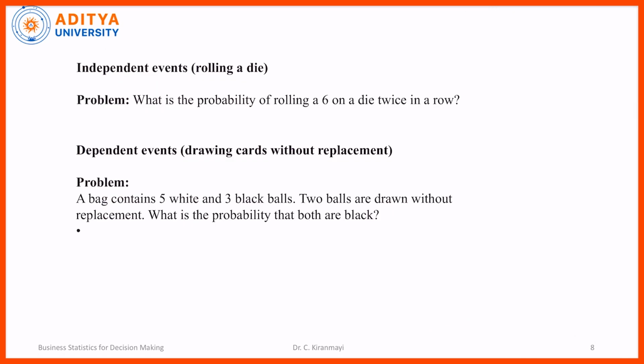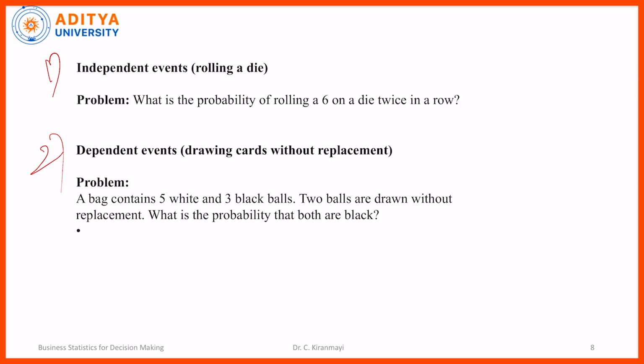Let us come to the application part of this multiplication theorem. As I said, we have two cases: the independent events case and the dependent events case. Suppose we consider tossing a coin or rolling a die.